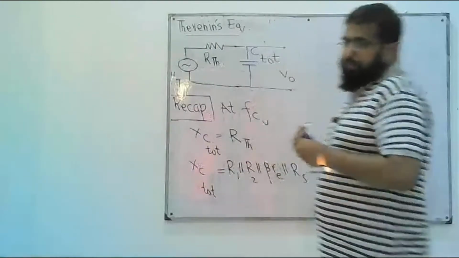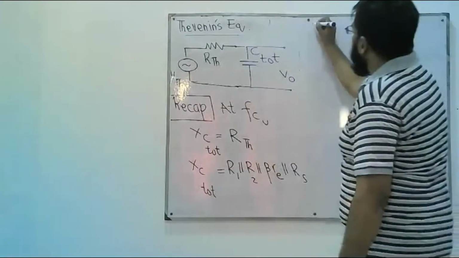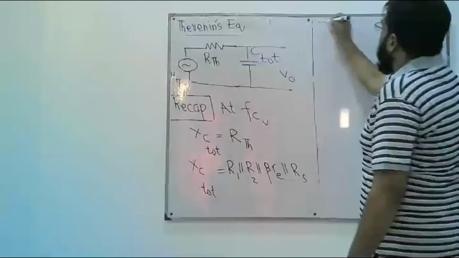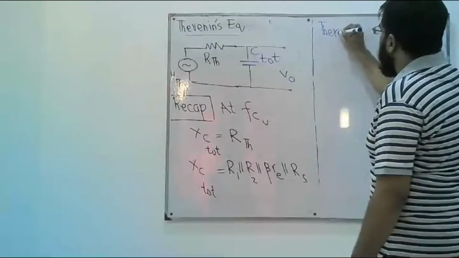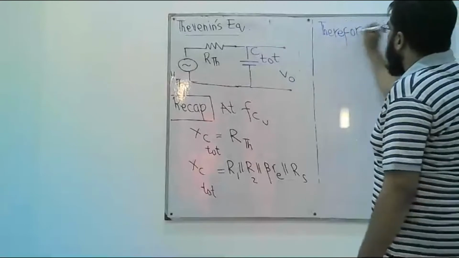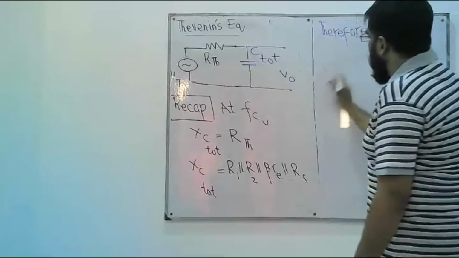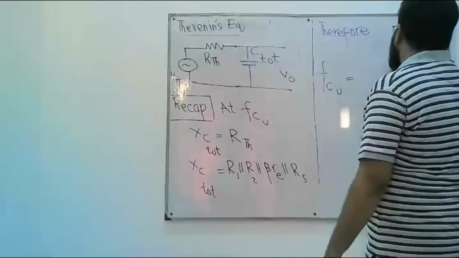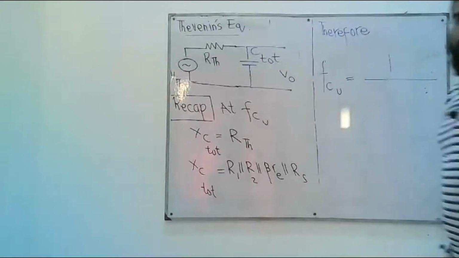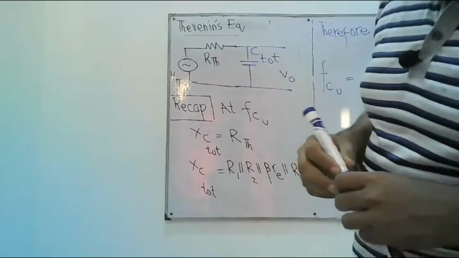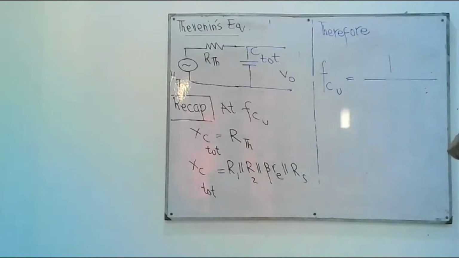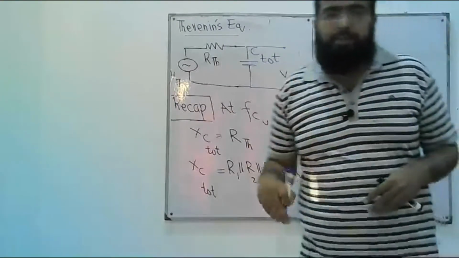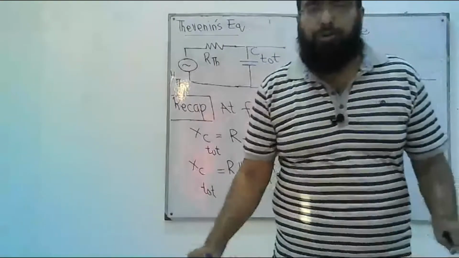So therefore, FCU caused by the equivalent input side capacitances. Therefore, FC upper due to the equivalent junction capacitances on the input side, not on the output side.